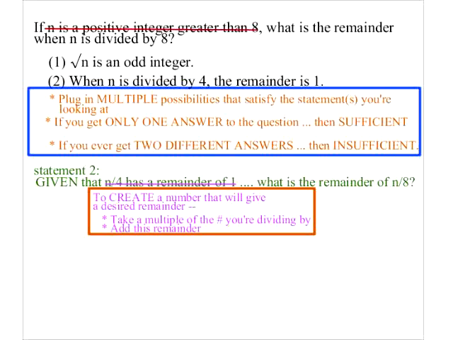So to make this happen here, to make n over 4 have a remainder of 1, you take multiples of 4, and you add 1 to it.